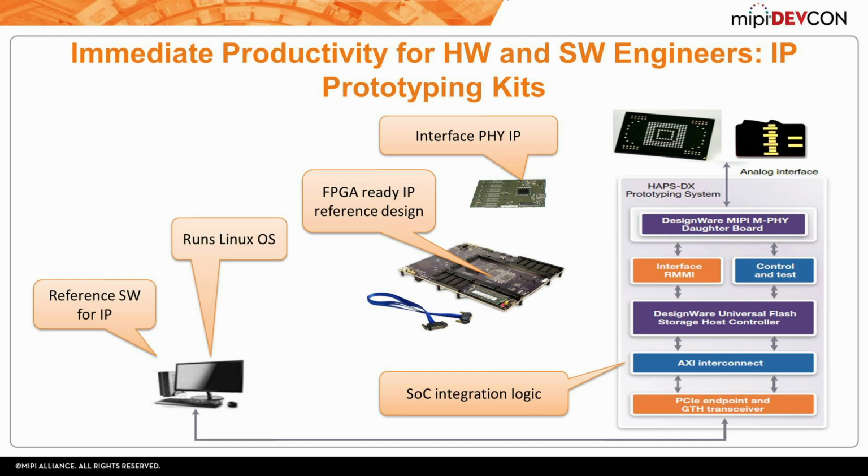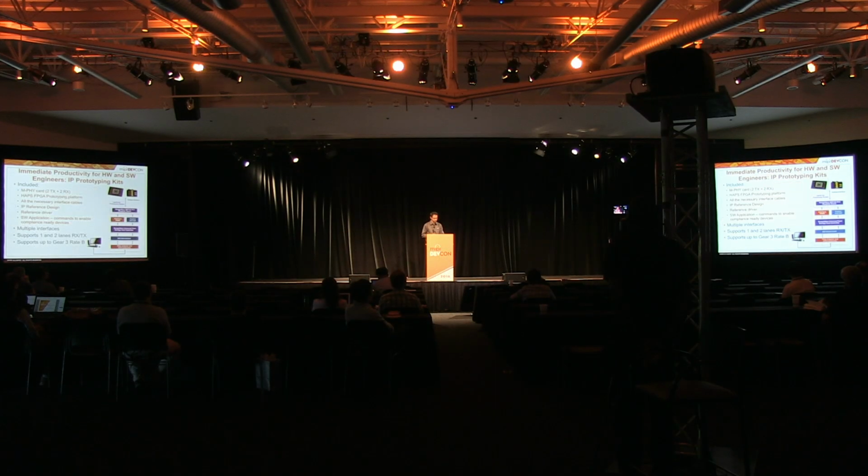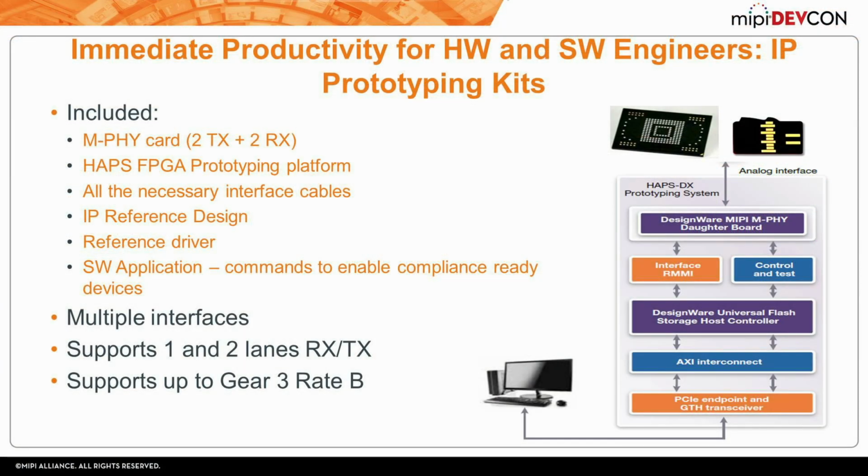Because customers can get the kit, plug it in, connect to their Linux, insert the drivers that come as a reference, and start using our application to stimulate your memory. The prototyping kit includes a MIPI daughter board that has 2 TX lines and 2 RX lines. It comes with an FPGA prototyping platform that comes with a bit file that was tested and proven before.